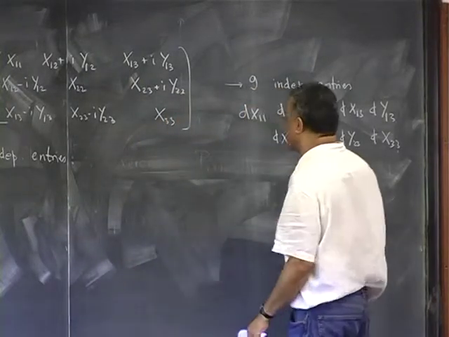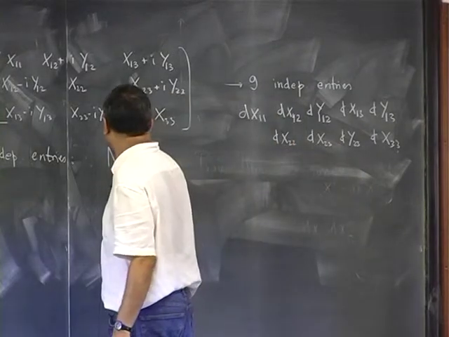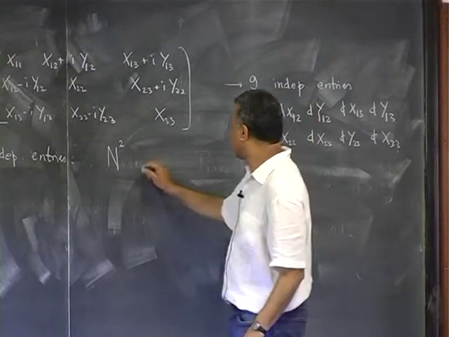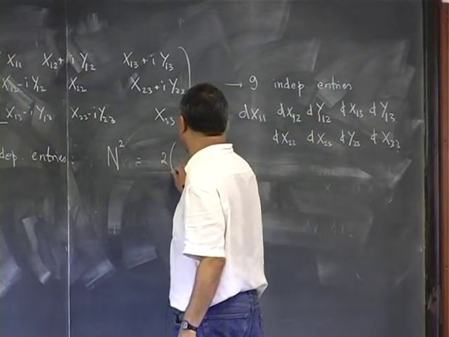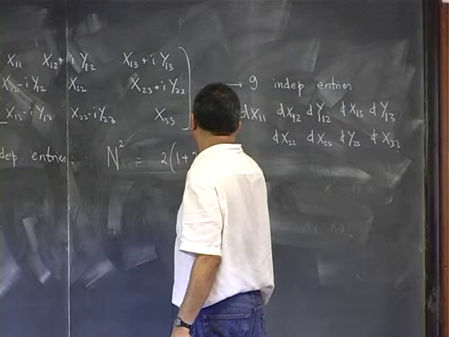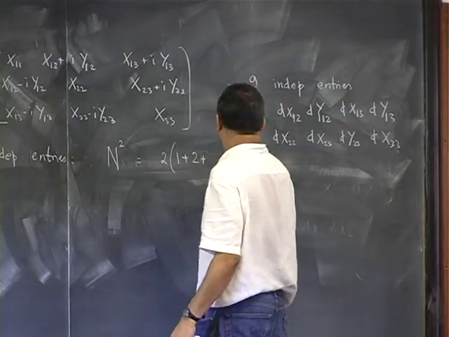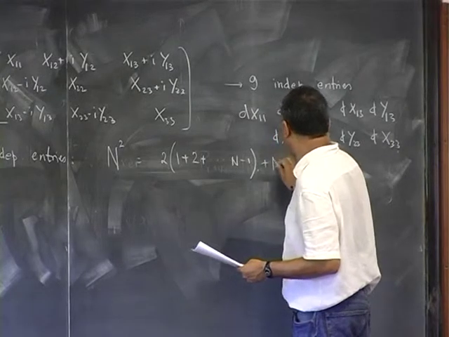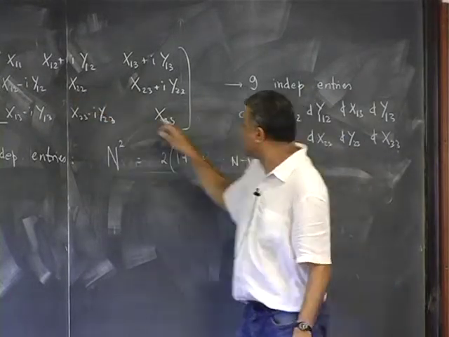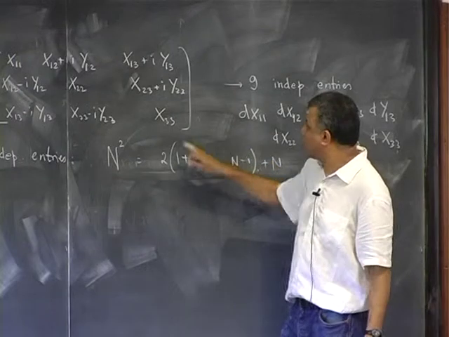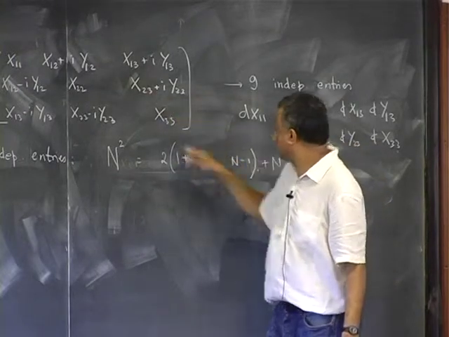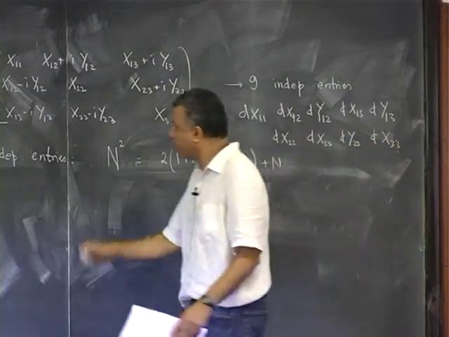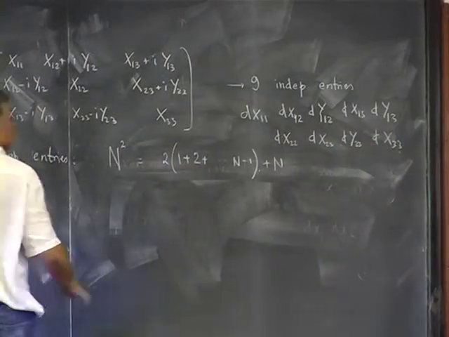N square, very good. Please check that these are n square entries. Basically, n square is 2 times (1 plus 2 plus 3 up to n minus 1) plus n. The plus n is for the diagonal, and for the off-diagonal elements you have 2 times the total number of off-diagonal elements. So this is actually n square, and this is the measure.